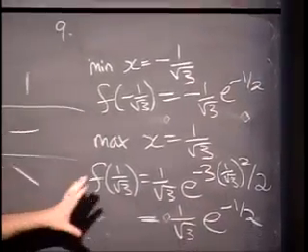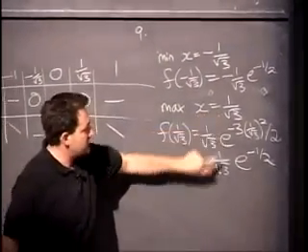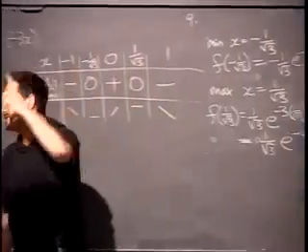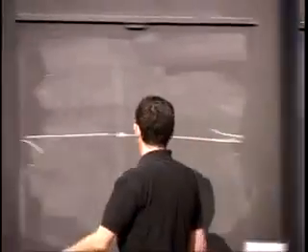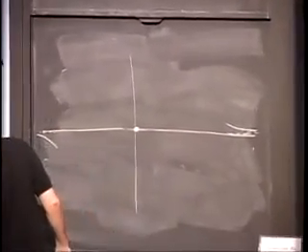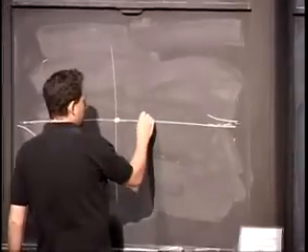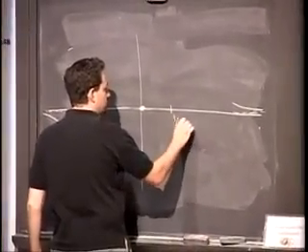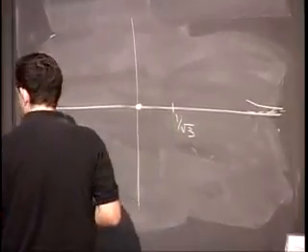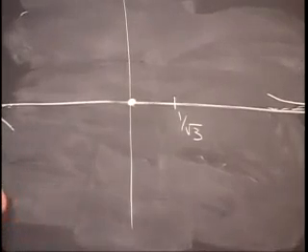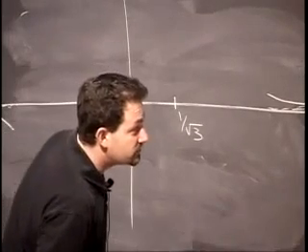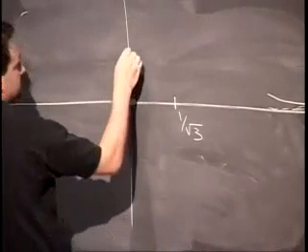Okay, having found those values, the x-coordinate and the y-coordinate, let me come over to the graph and mark this in. So, 1 over root 3, the height is, what is it? 1 over root 3 e to the minus 1/2.